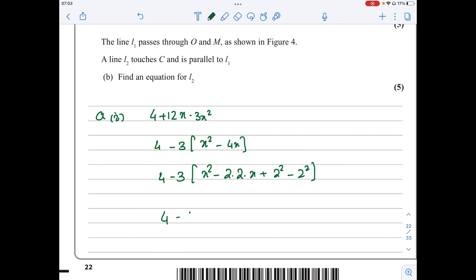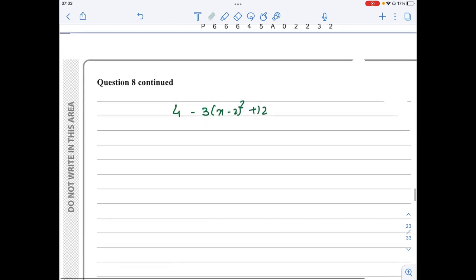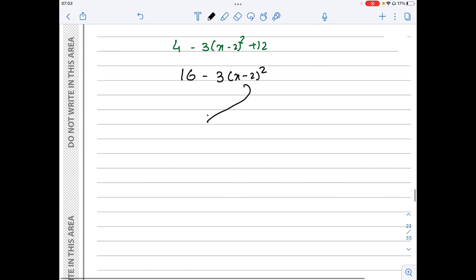So it becomes 4 minus 3 times (x minus 2) whole squared minus 4. Expand it further, it becomes 4 minus 3 times (x minus 2) whole squared plus 12. So what does that become now? It becomes 16 minus 3 times (x minus 2) whole squared. So what is going to be the maximum point? Opposite sign from here and same sign from here, 16. So M is going to be the maximum point.